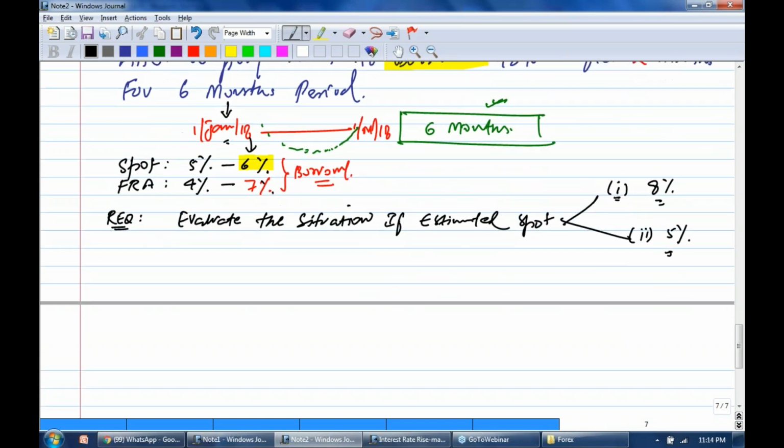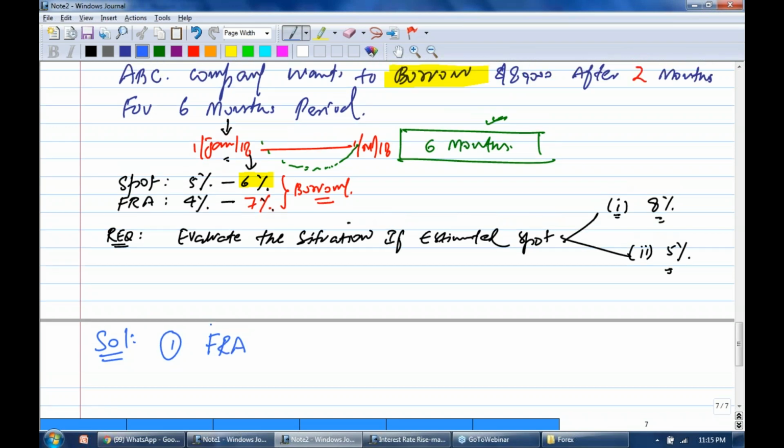So what we will do, number one, solution. First point, a banking terminology, FRA, we want 2 months after 6 months loan.